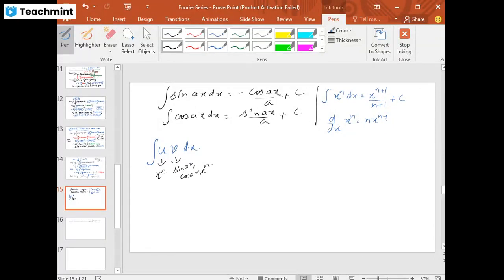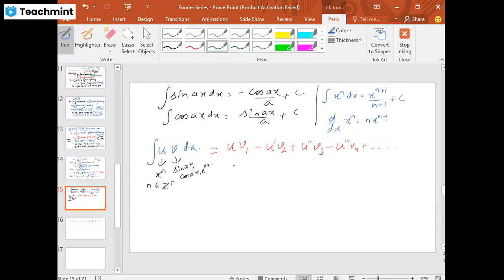Okay, so what is the condition in this case? Product rule: your first function is an algebraic function of the type x power n, where n is a positive integer, and beside this we have either a sine, cosine, or exponential function. So what is the formula of this integration? It is u v1, where v1 stands for the integral of v, minus u dash v2 plus u double dash v3 minus u triple dash v4, and so on.